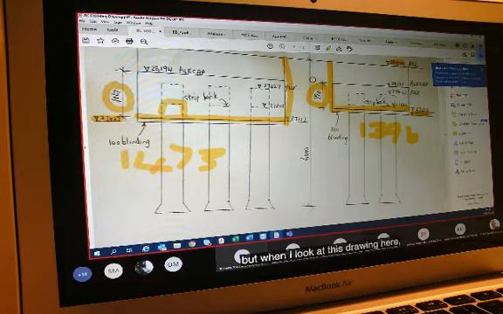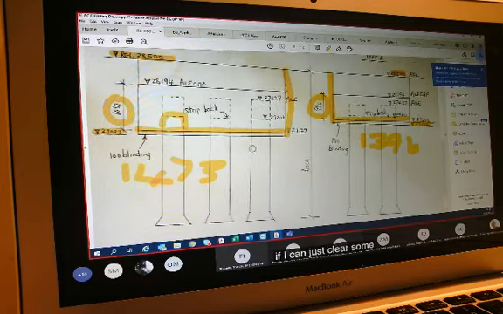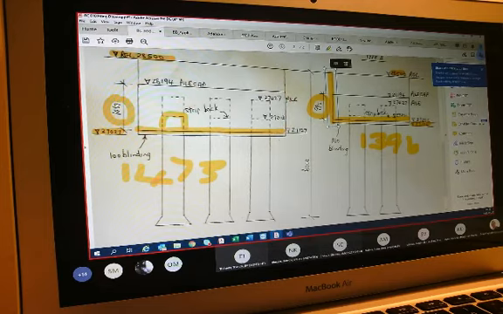Now, we said that when measuring formwork, we get different types of formwork that we could measure.